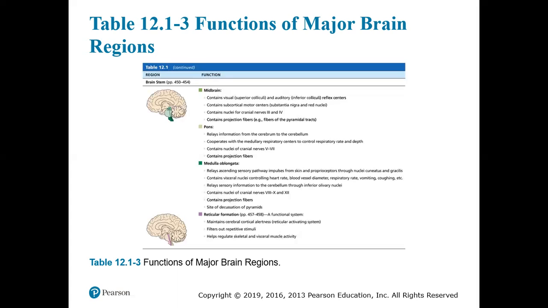The medulla relays ascending sensory pathway impulses from the skin and proprioceptors through the nuclei. This will contain visceral nuclei controlling the heart rate, blood vessel diameter, respiratory rate, vomiting, coughing, etc.